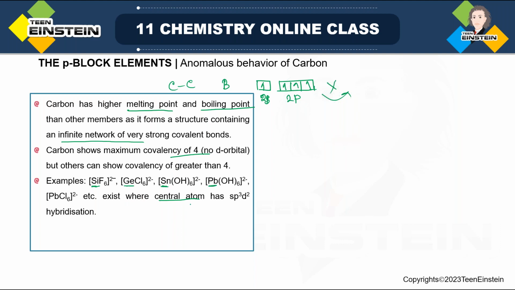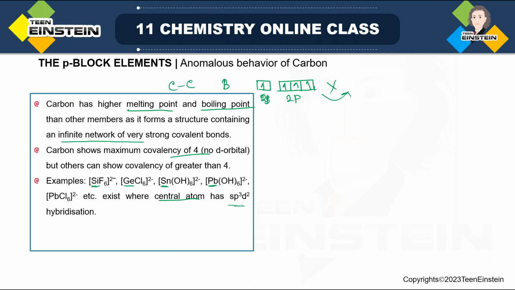One thing is common: all are forming hexa coordinated complexes, and all these elements are from group 14. Here you will not be able to see carbon, because 6 coordination surrounding the central atom is not possible for carbon.